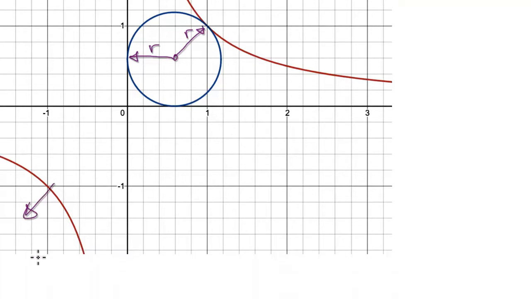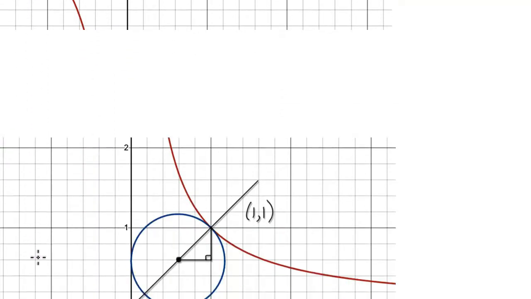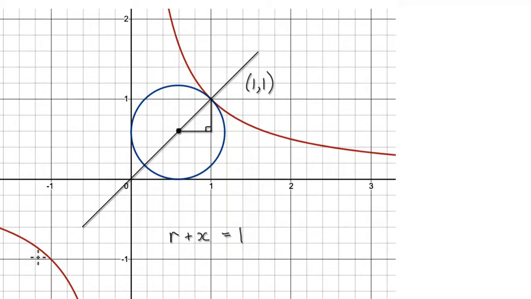Okay, so to do this, realize that the circle passes through (1, 1). So this length here is r, and this is also r.